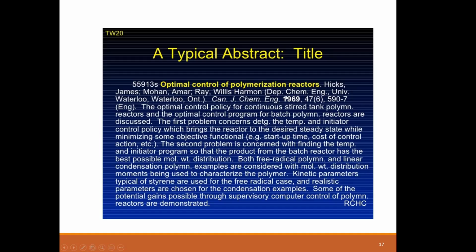So where they're from: the Department of Chemistry, Chemical Engineering at University of Waterloo, Ontario, that's in Canada. Where is it published? It's published in the Canadian Journal of Chemical Engineering in the year 1969.